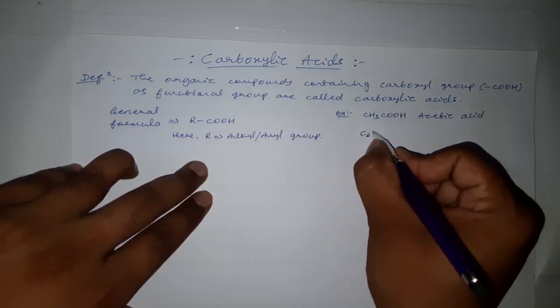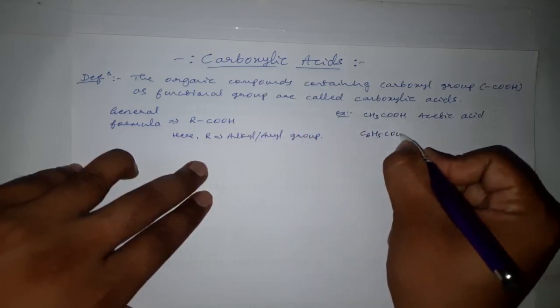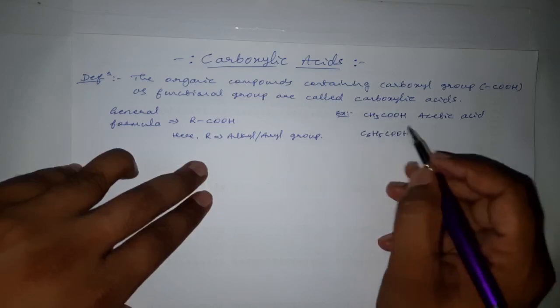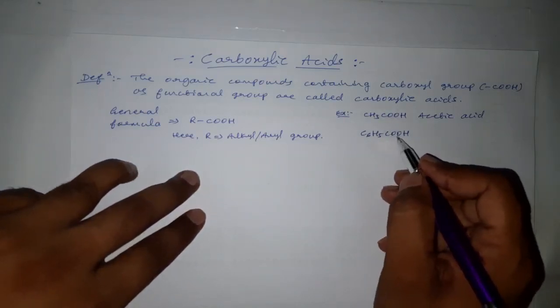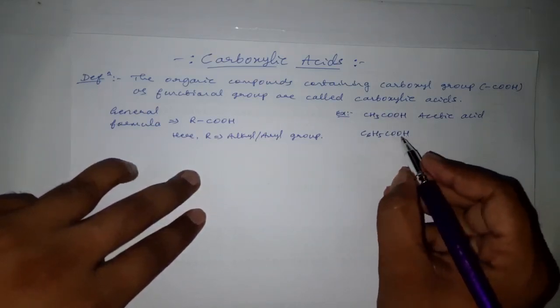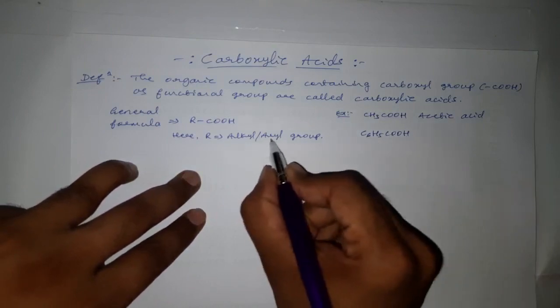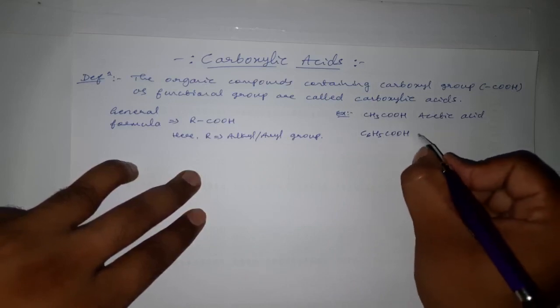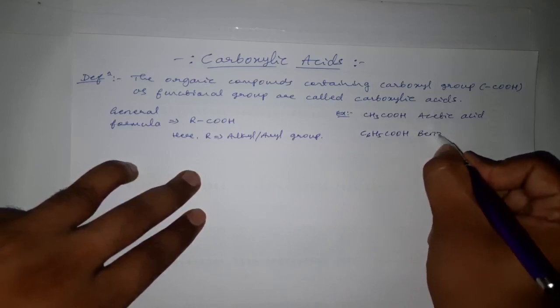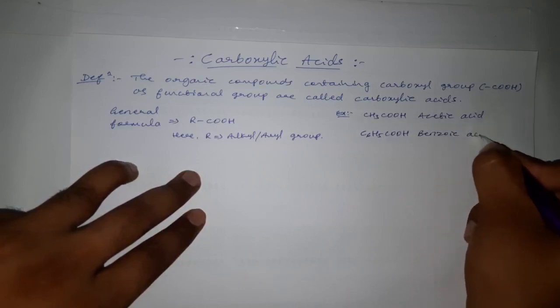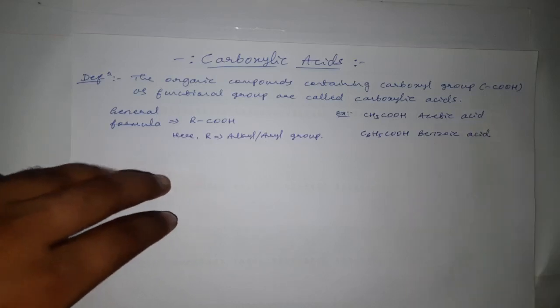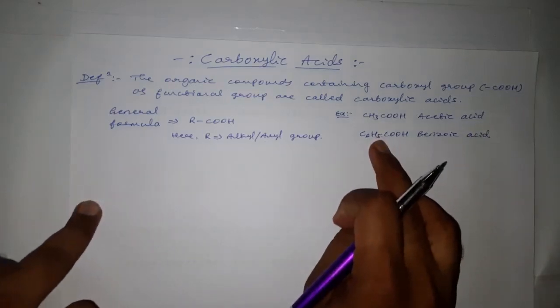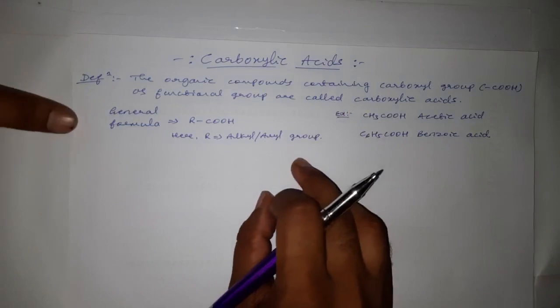Or we can take C6H5COOH. This is an organic compound containing COOH group as a functional group, and here R is an aryl group. This is a benzene ring, and its name is benzoic acid. These are the examples for carboxylic acids.